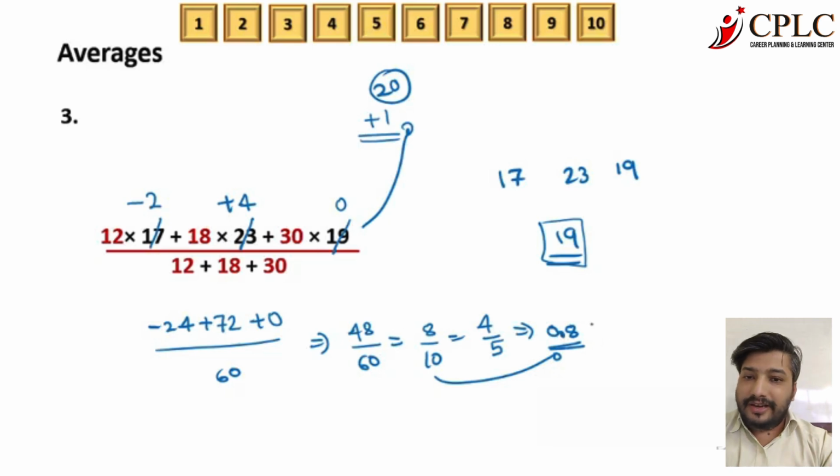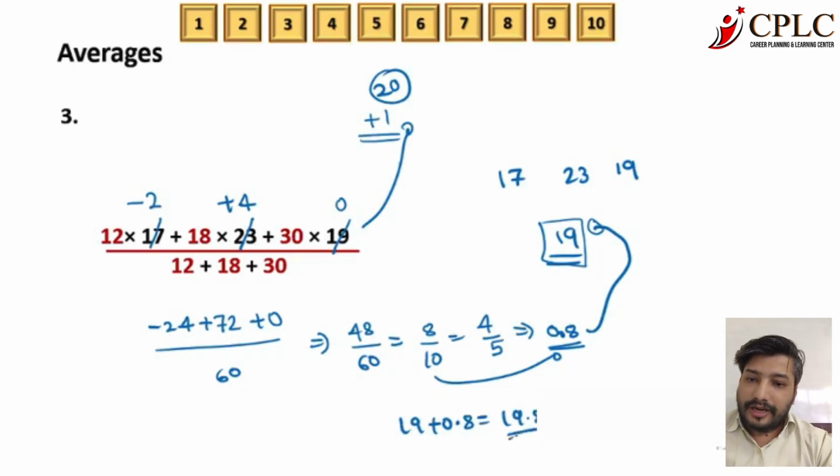So 0.8, and if you remember, it is positive. So if it is positive, we are going to add it to the assumed value. 19 is what we had assumed. So 19 plus 0.8, you are going to get 19.8 as the average price.